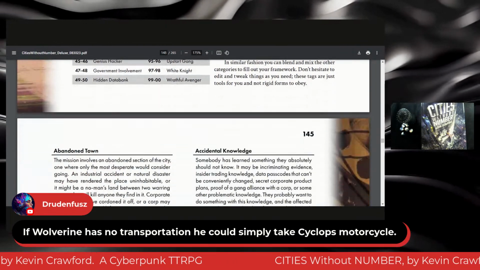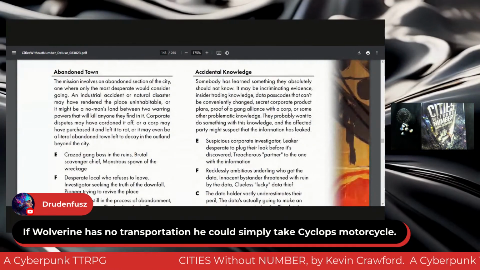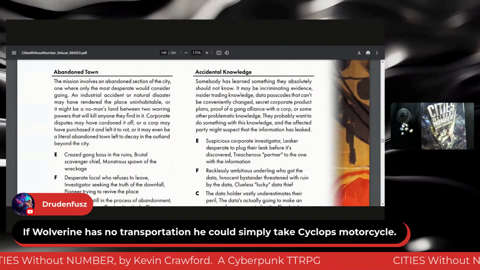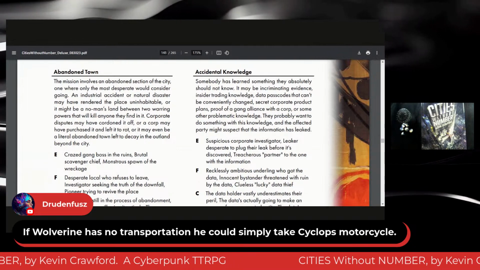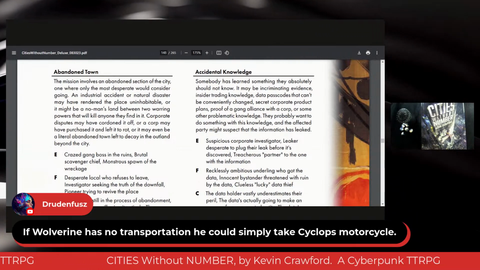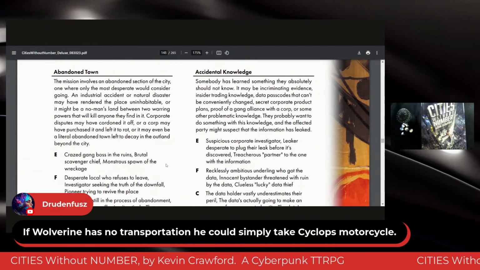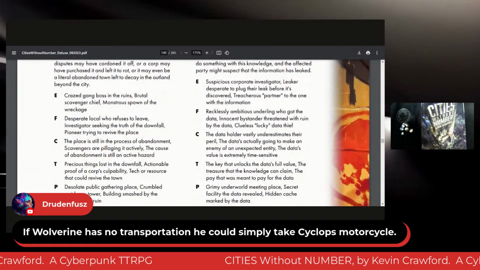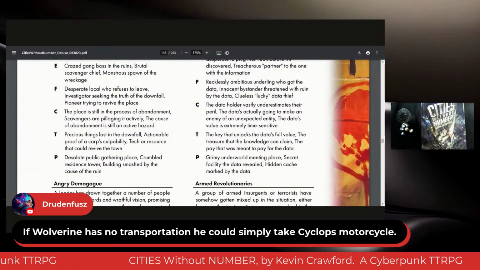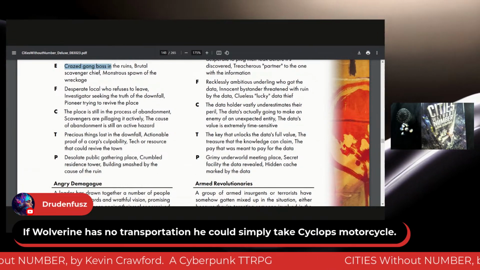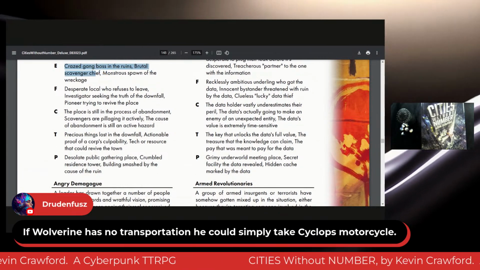But if you take a look at this, and again, like I said, this is a game that gives you the chunks you need, little building blocks. So, for example, we've got an abandoned town. For our E, we have crazed gang boss in the ruins, brutal scavenger chief, monster spawns at the wreckage.